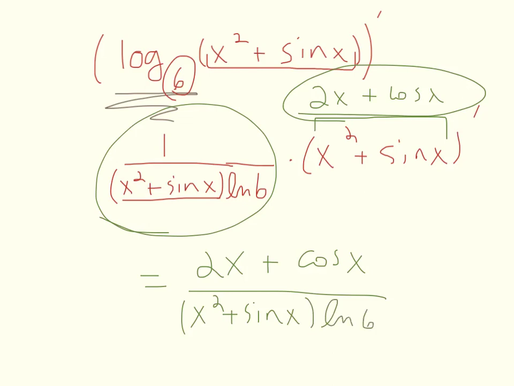Okay, so quick recap, what did we do here? We put 1 over the inside times the natural log of this number. We multiplied that quantity by the derivative of the inside. Okay, so 1 divided by the inside times the natural log of the base times the derivative of the inside.